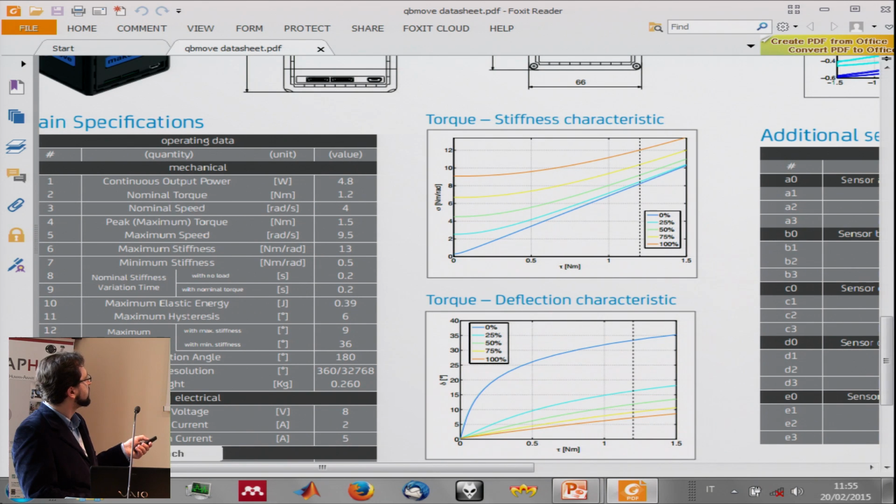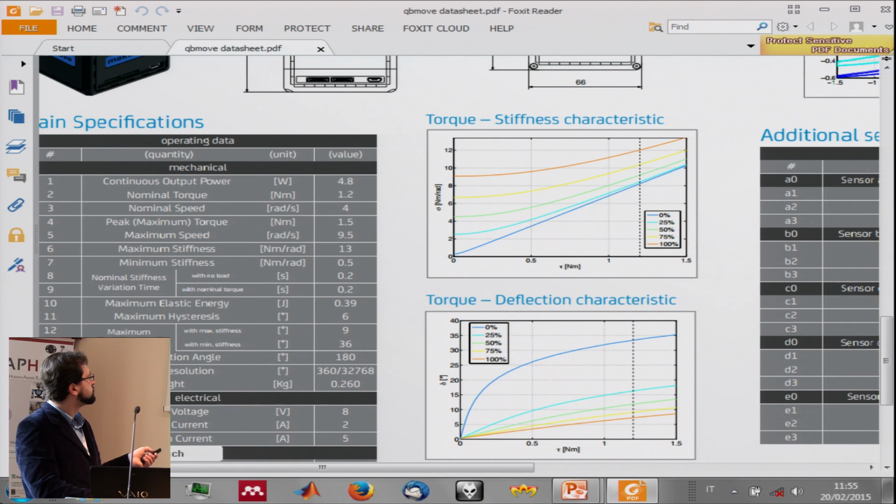And from here, again, you get this data. You also have the active rotation angle and the maximum deflection with the maximum stiffness and minimum stiffness. For example, when you have maximum stiffness, you have 9 degrees of maximum deflection, while with minimum stiffness you have 36. The active rotation angle of this system is 180 degrees because of the components that are inside.